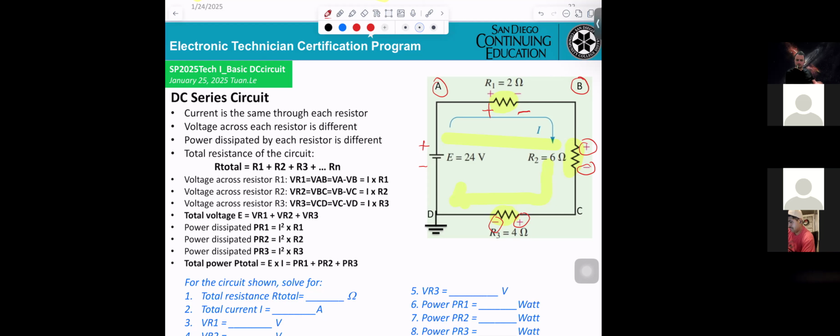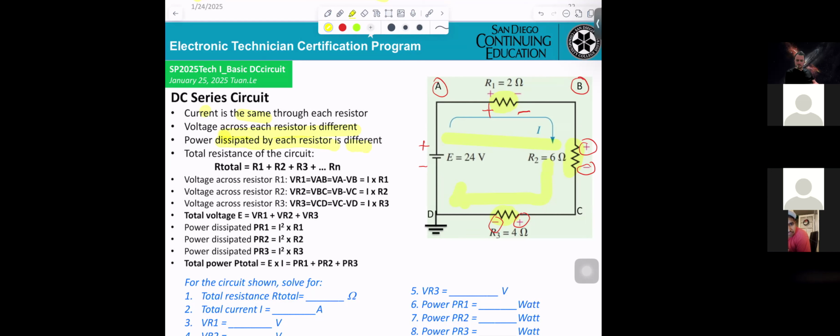The first one connects to the next one, and keeps going. Also, they explain here: current is the same, voltage across each resistor is different, and power dissipated in each resistance is different.